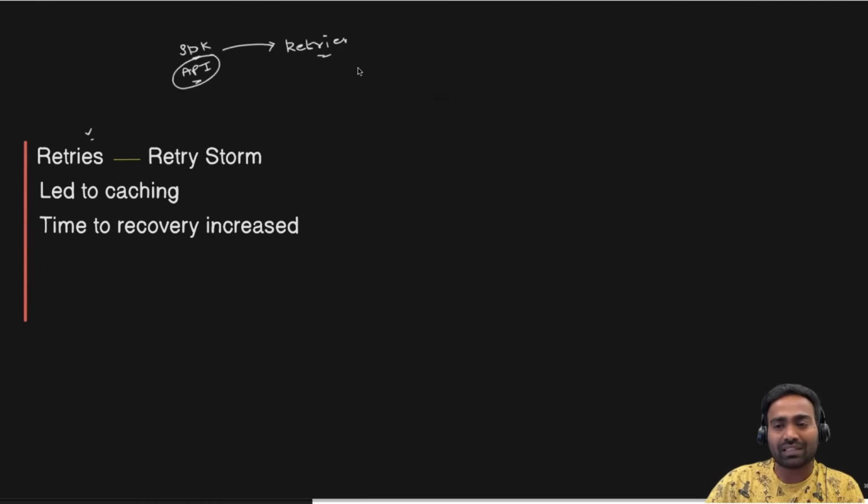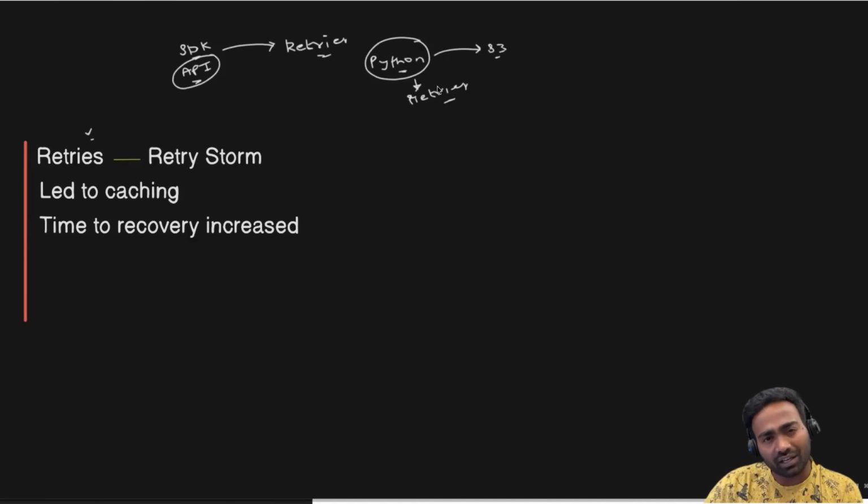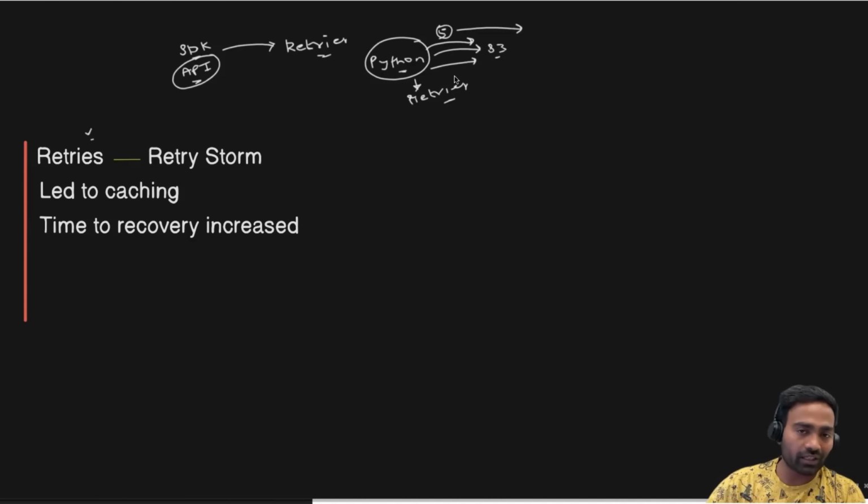A very simple example: let's say a developer writes a Python application that talks to an S3 bucket. Developers usually write retries within the code just to avoid any kind of unexpected interruption. So if the request fails once, they try to send requests at least 5 times, and only then throw an error saying connection to S3 bucket failed.